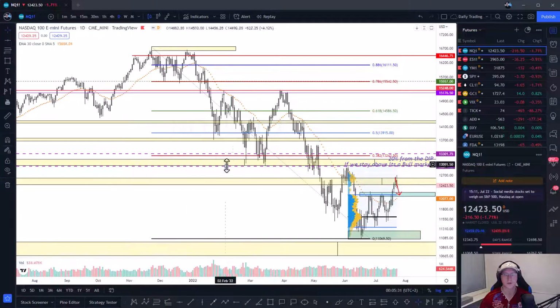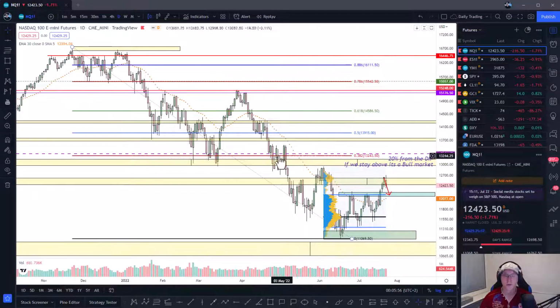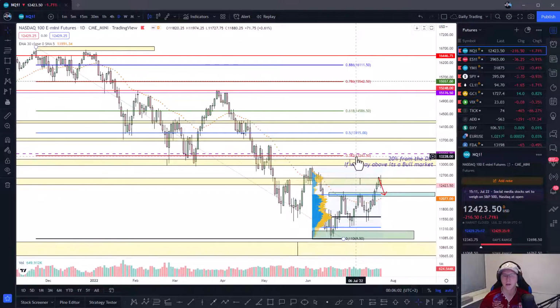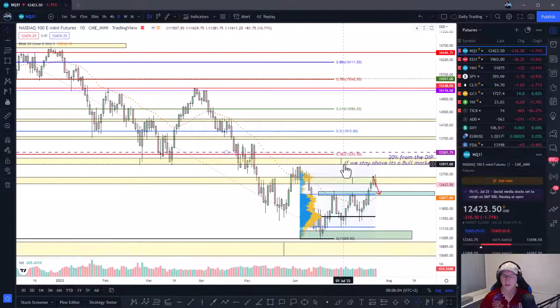It's quite interesting to see that we have a confluence at that area as well. So we have the 20%, we have the 38.2, and we have this 13,000 level as well.